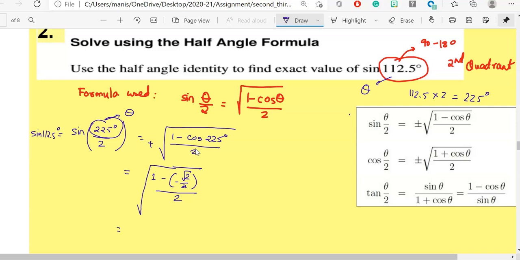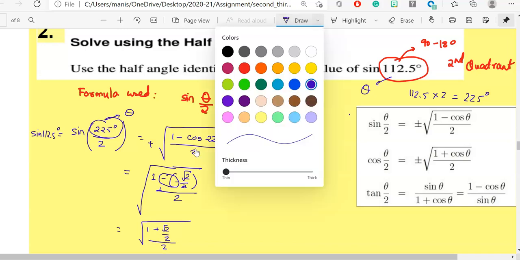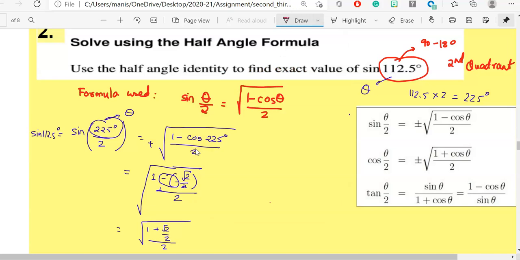Now my next step will be like this: 1 plus, because this will change to a plus sign, radical 2 over 2, and divided by 2. Now I will do my scratch work over here. You remember I've been teaching you earlier also, this is a place for my scratch work.